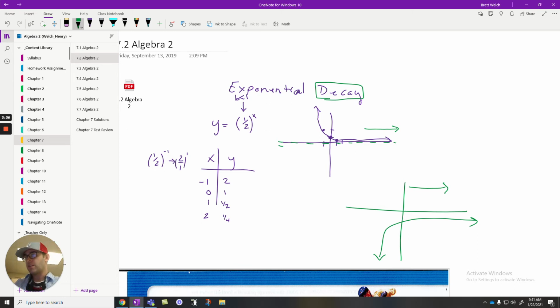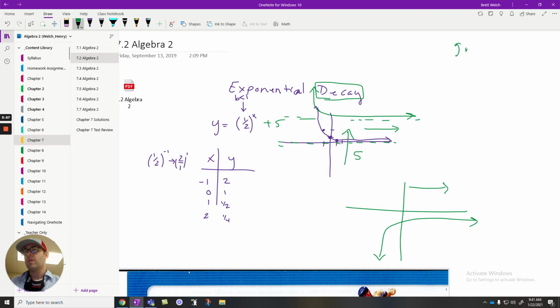Now if I put a +5 over here at the end of the problem, everything shifts up 5 spaces, and so the dotted line now would be at 5, and the graph would be dropping down and following 5. It doesn't matter that it's going to 0 or going to 5. What matters is that it is approaching that asymptote as we go to the right.